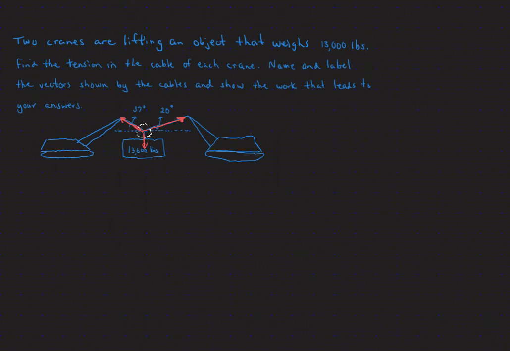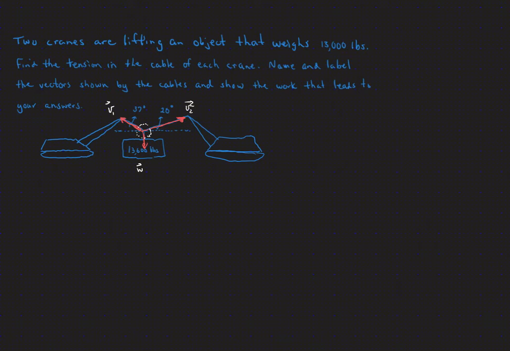So I'm going to give these some names. I'm going to call this vector V1, this tension vector, the one that's coming out to the upper left there. And I'm going to call this vector V2. That's the one that's coming up and to the right. And then we have our weight vector down here, which is going straight down.